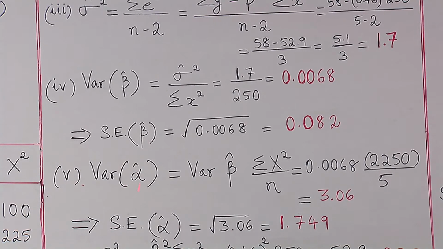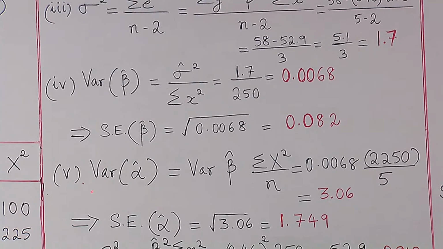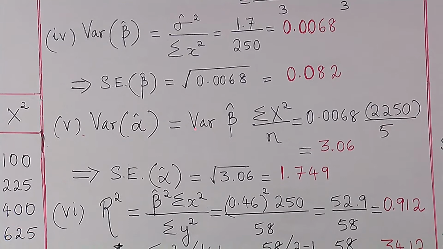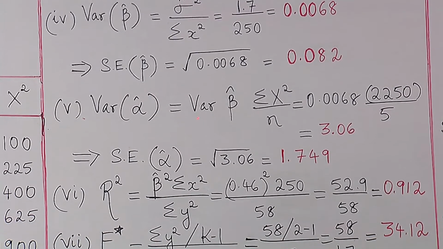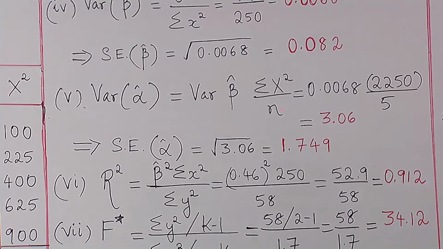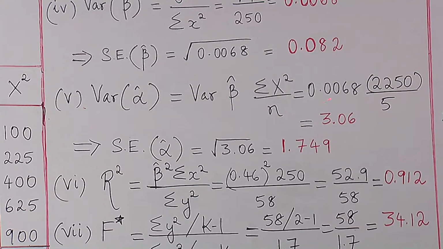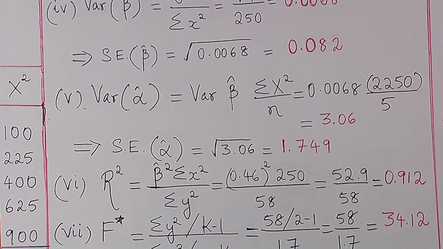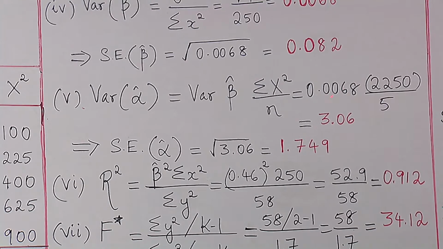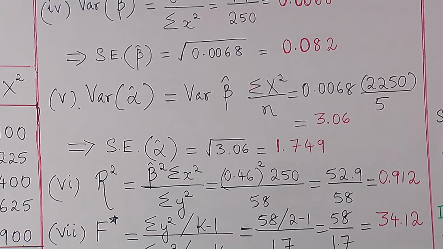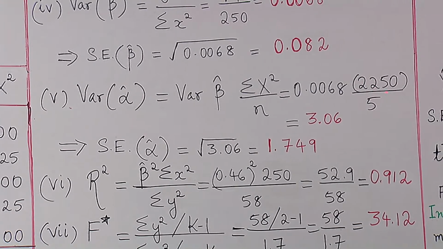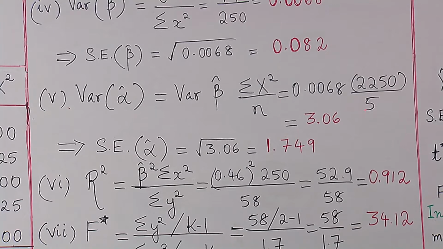Just as we did for variance of beta hat, we go on with computation of variance of alpha hat. The formula here is variance of alpha hat is equal to variance of beta hat into sigma capital X square by small n. Variance of beta hat as calculated previously, 0.0068, has to be substituted here, followed by sigma capital X square value 2250. The n value here is 5.